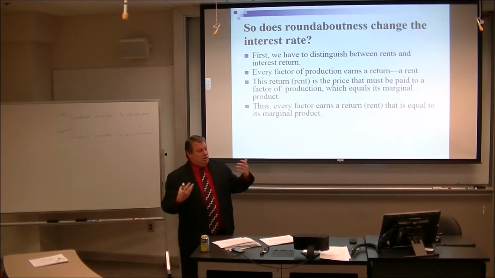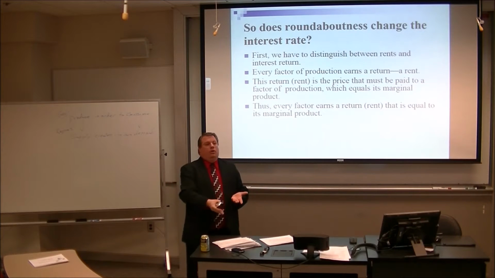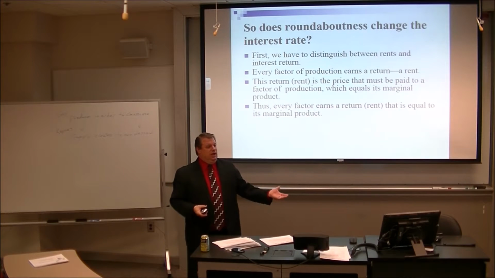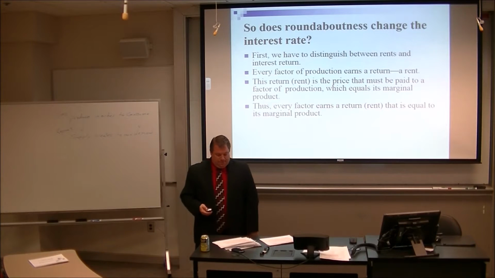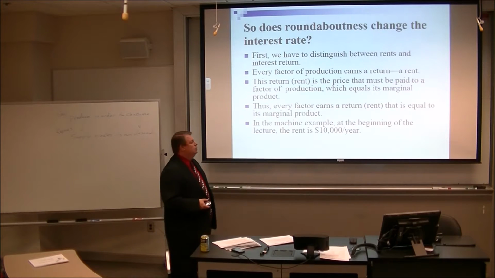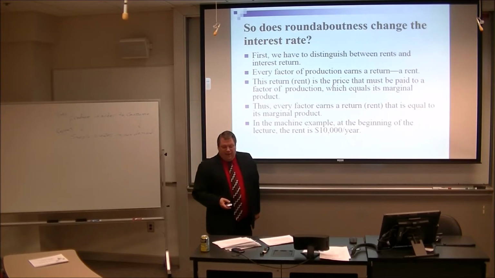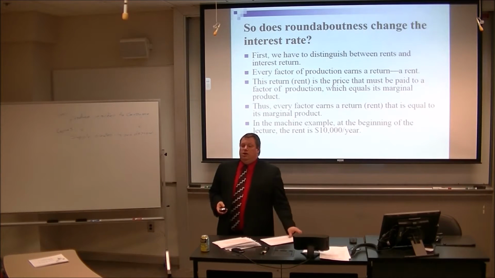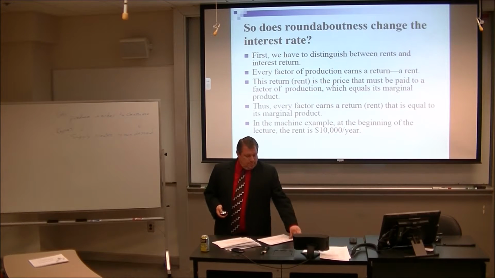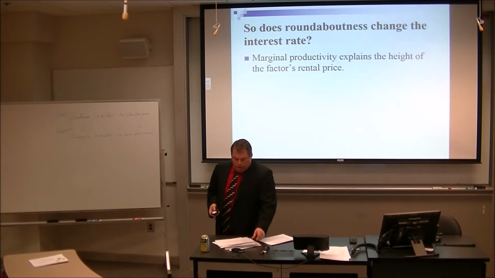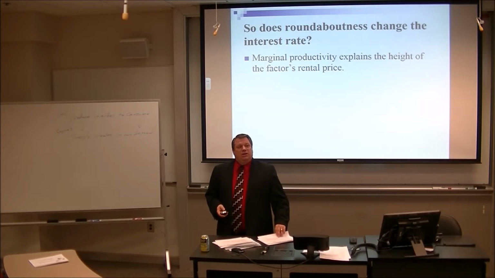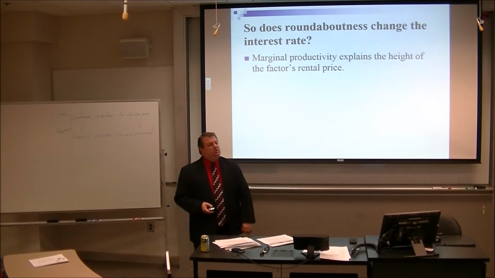So every factor of production then gets this. So if I get a worker, what do I pay them, right? Marginal product of labor. I get capital, right? It depends on its marginal productivity. So the machine then, at the beginning of the example, what is this $10,000 a year? That's its rent, right? Or its rate of return. So the marginal productivity then explains the height of the factor's rental price.